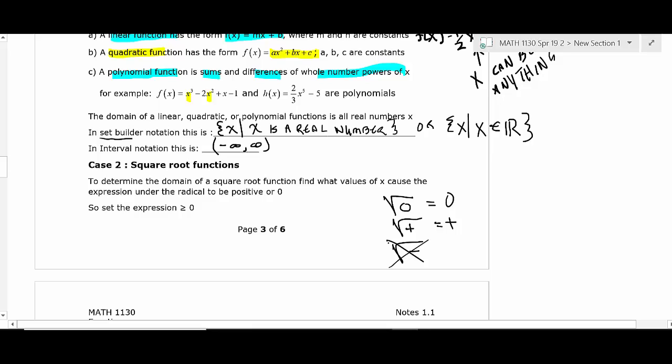So if you've got a square root function, you need to figure out what makes the expression under the radical positive. What you typically do to find the domain is set the expression under the radical greater than or equal to 0. Equal to 0 because the square root of 0 is okay. Greater than 0 because it's okay to do a square root of a positive number.